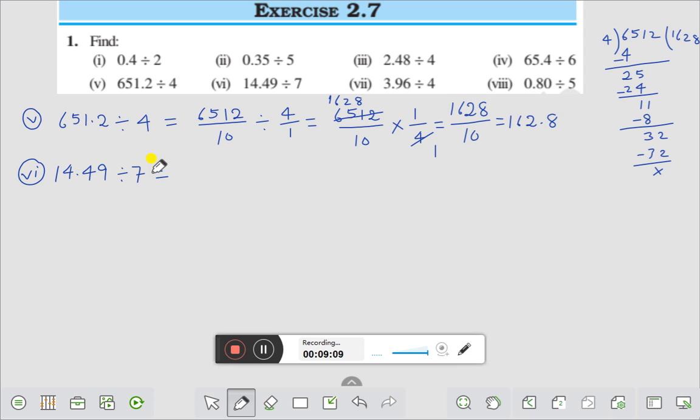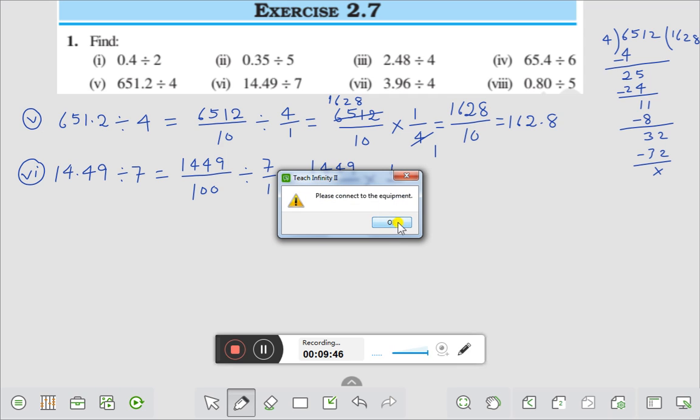We change this into a fraction, that is 1449 by 100 divided by 7, which can be written as 7 by 1, or 1449 by 100 into the reciprocal of 7 by 1, that is 1 by 7, right?